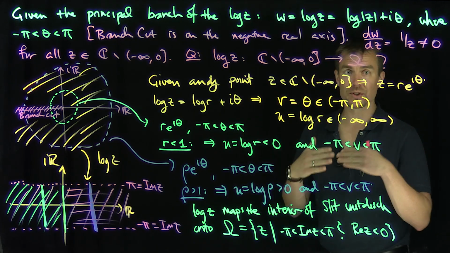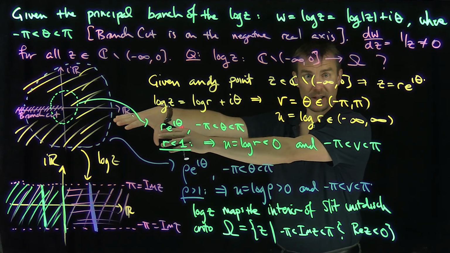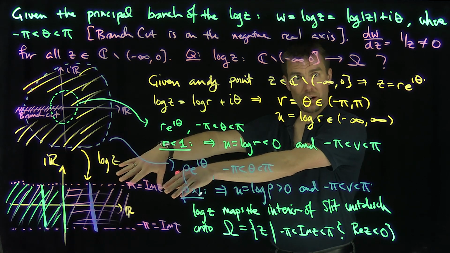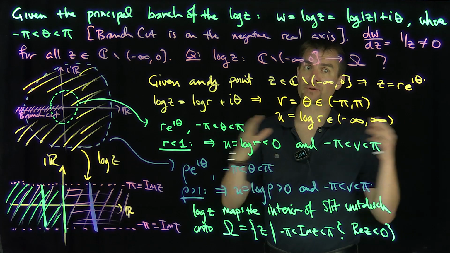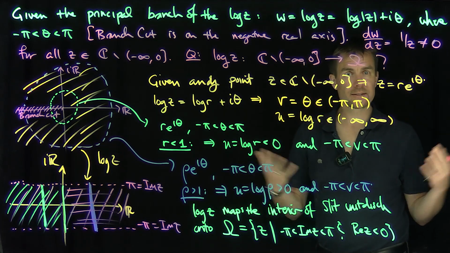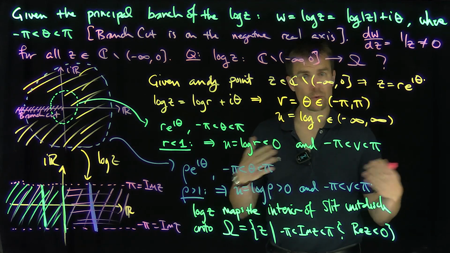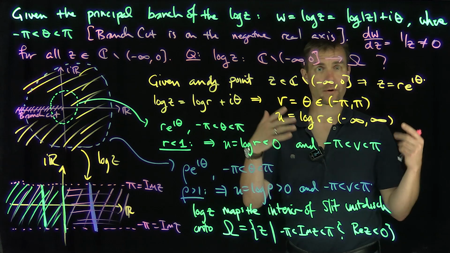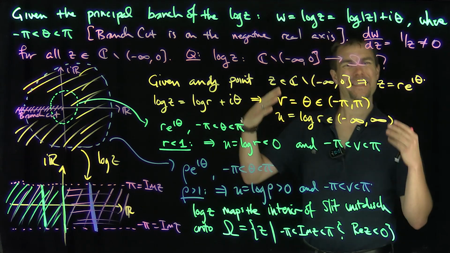Branch cuts will induce a slit, which you can rotate, and you can turn those slits into strips. You can take those strips and turn them back into half spaces with exponentials or LFTs. So we're going to combine LFTs, exponentials, and logarithms to get wide classes of different conformal maps that have slits in them. It will also allow us to do square roots, inverse trig functions, and the whole monty of different types of conformal maps in that setting. Thank you very much.